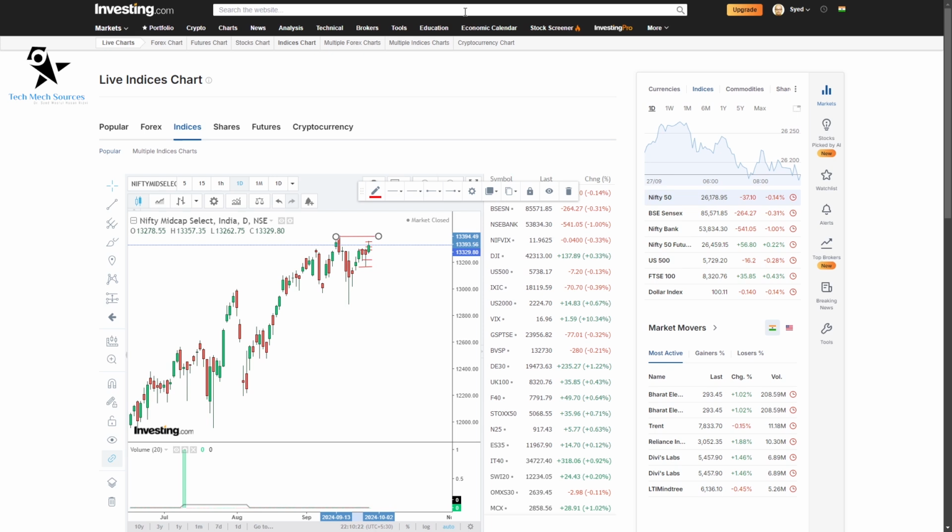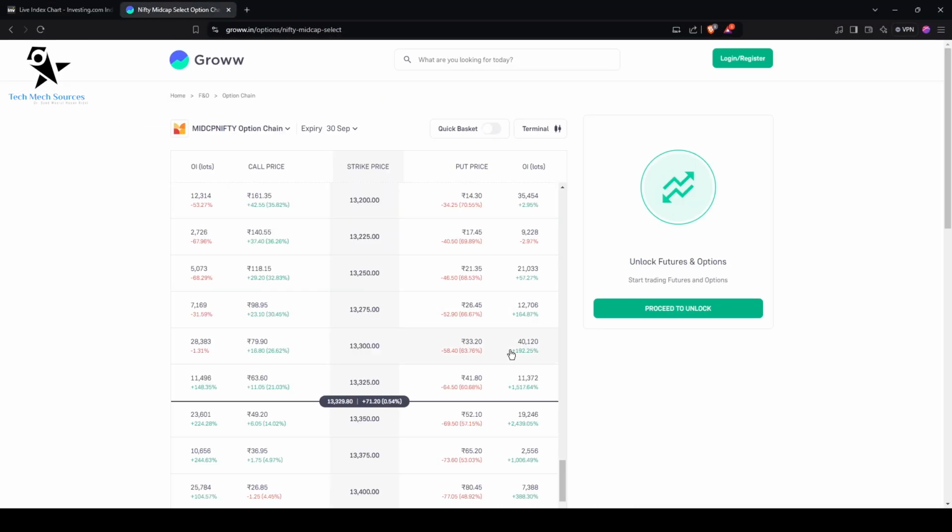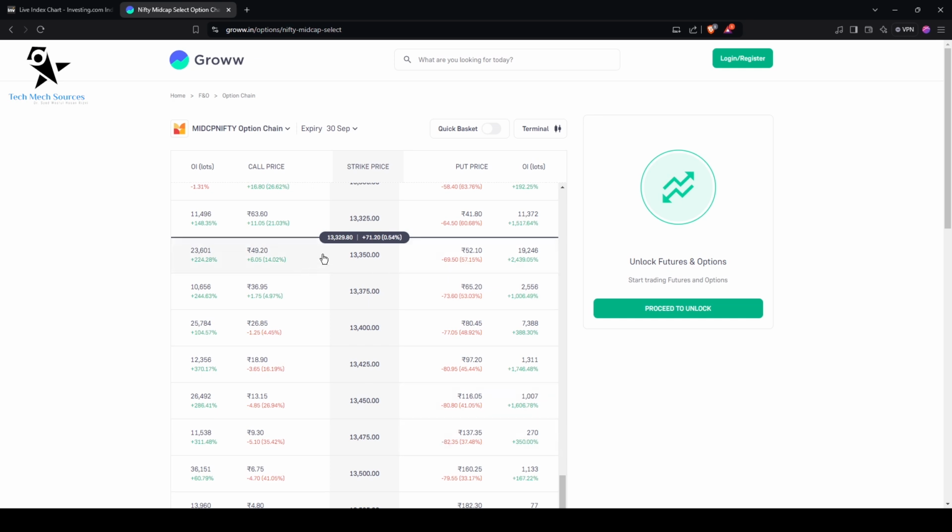Now, if we see the next one, which is the option chain. Let us see the option chain. Okay, here, option chain for Midcap Select options.